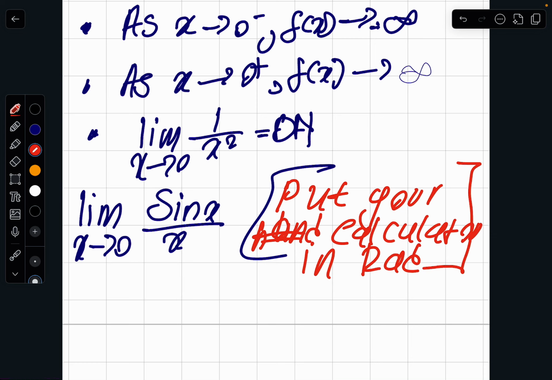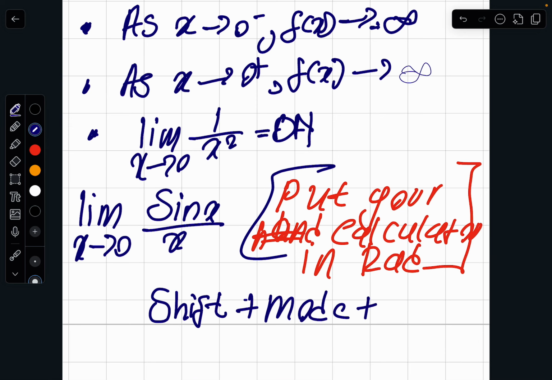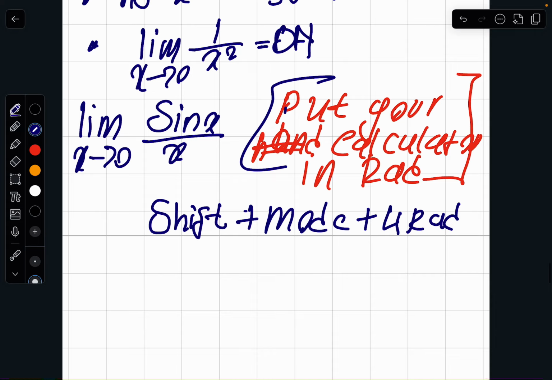How can you put your calculator in radian mode? First thing, you have to press shift, then mode, then number 4 for radian. That is how you put your calculator in radian mode.